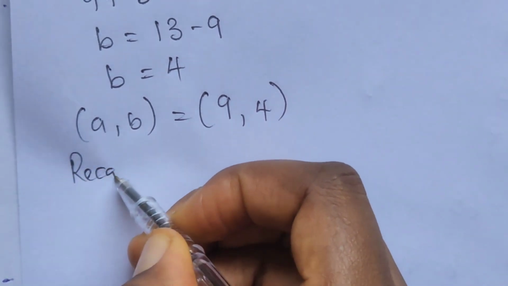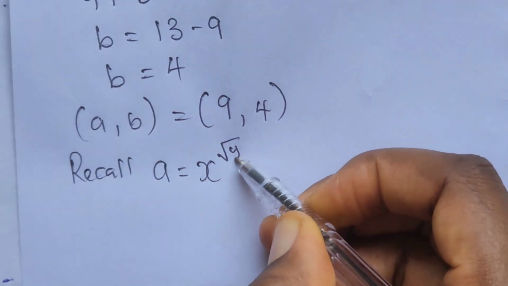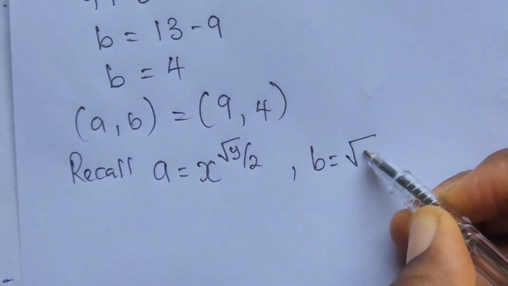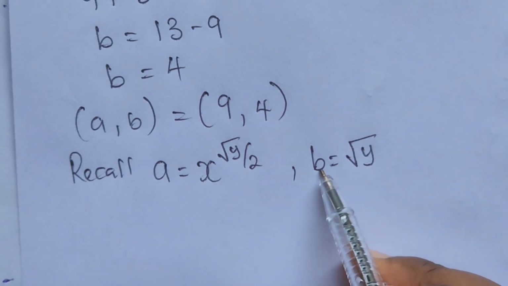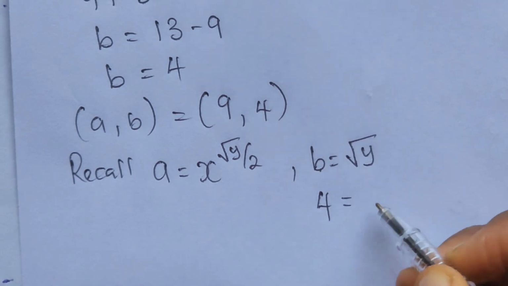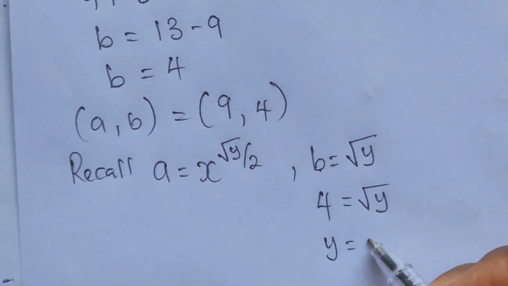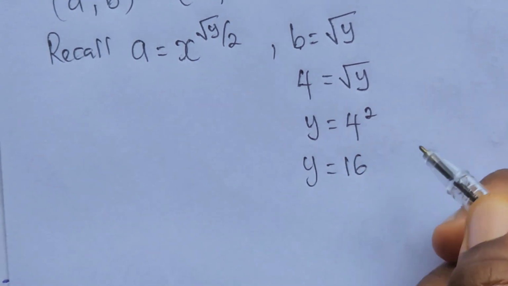But let's recall that a is equal to x to the power of root y over 2, and b is equal to square root of y. So since our b is 4, we have 4 to be equal to the square root of y, and we have y to be equal to 4 to the power of 2. So our y is equal to 16.